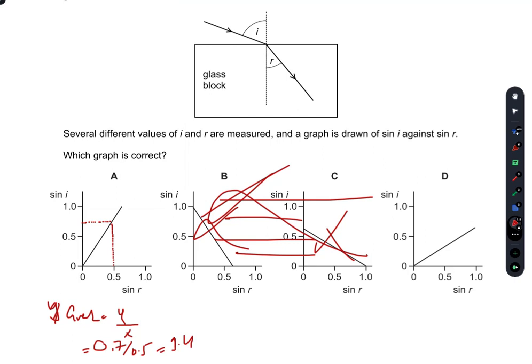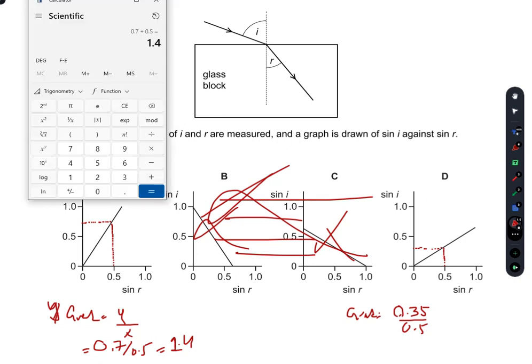And yes, the gradient is almost 1.5, means A is the right answer. Why B is wrong, I can still check this for you. At 0.5 of sine R, the sine I is 0.35, let's suppose. So 0.35 over 0.5, which is equal to the gradient, and definitely it is smaller than 1.